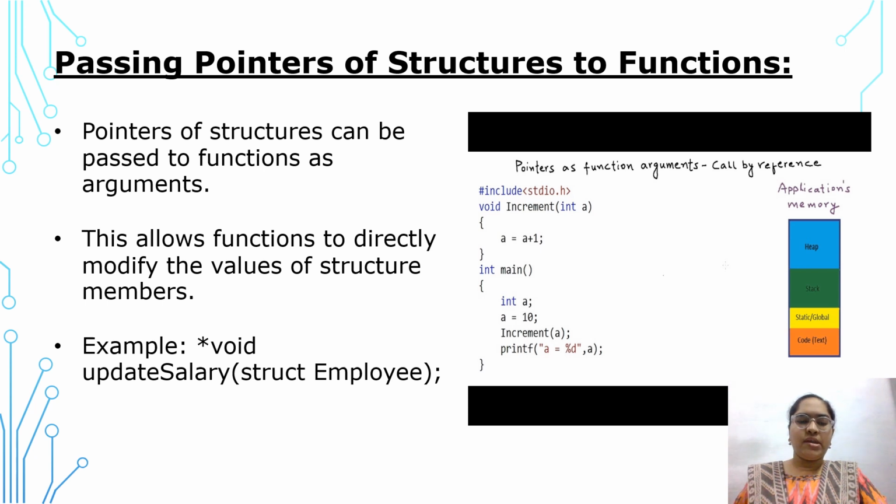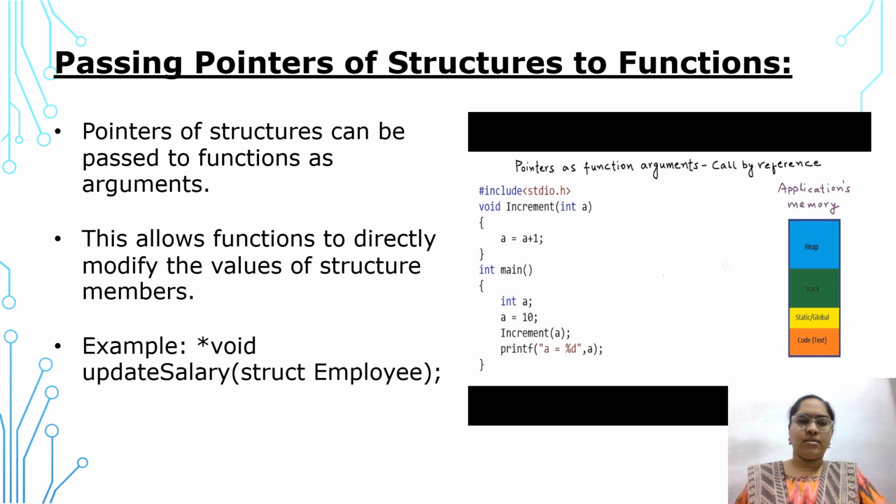An example of this is void update_salary(struct employee *). From the example, we can say that it returns the void data type, and struct employee is a structure. If we look at the picture, a simple program is given as an example of pointer of structures passed to functions, and as I said, it is very similar to the call by reference method.